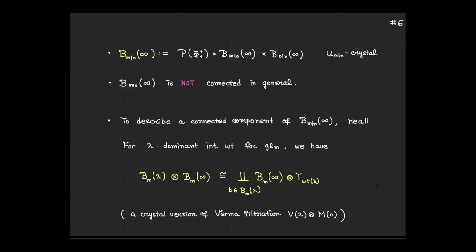So suppose that now we consider the GLM crystal type A. And Bm of lambda is the crystal of the finite dimensional irreducible representation. And Bm infinity is the crystal of the negative part. There is an abstract crystal structure, and also an abstract tensor product rule, so we can take a tensor product to have another crystal.